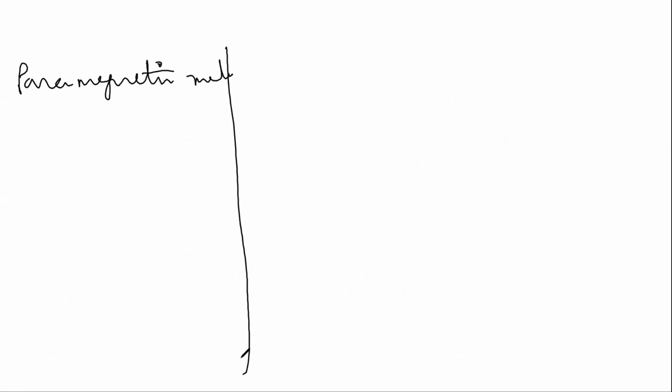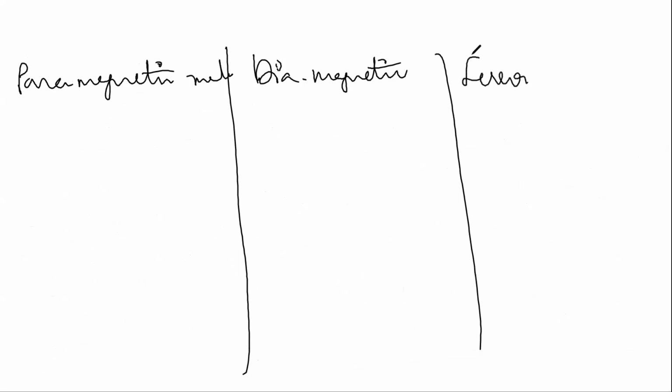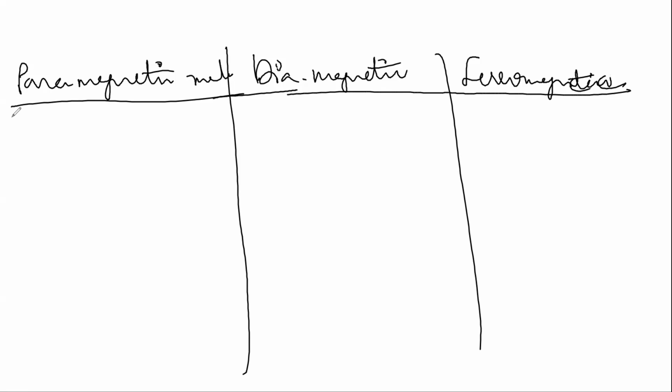Now let us come to paramagnetic materials. I'll draw it this way so it would be easy for you to classify them: paramagnetic, diamagnetic, ferromagnetic. So what is paramagnetic? As I already told you, materials which are placed in a magnetic field acquire small, or feeble, magnetism in the direction of the magnetic field.